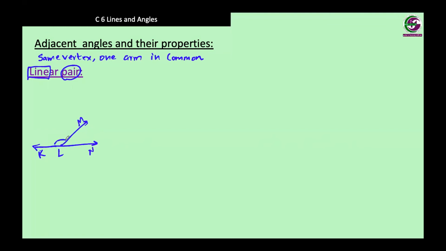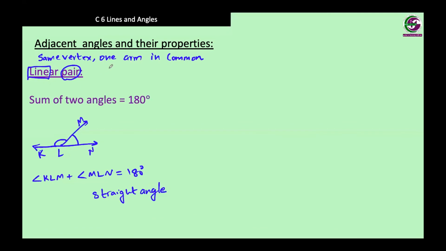The angle KLM and the angle MLN together will form a linear pair because they are two angles and they add up to 180 to form a straight line. So angle KLM plus angle MLN is equal to 180, or they are forming a straight angle. This is called a linear pair.